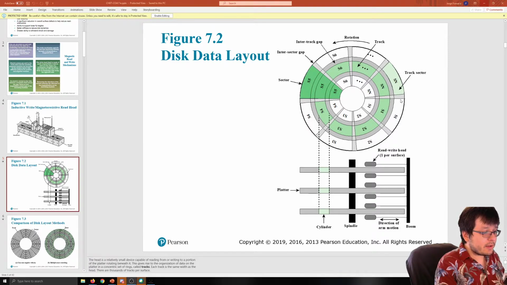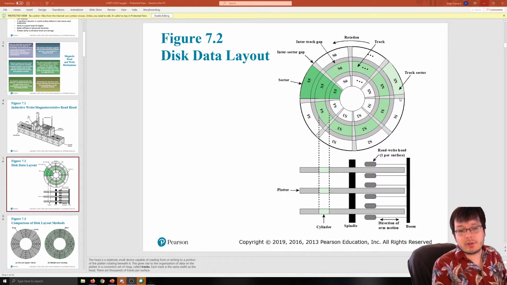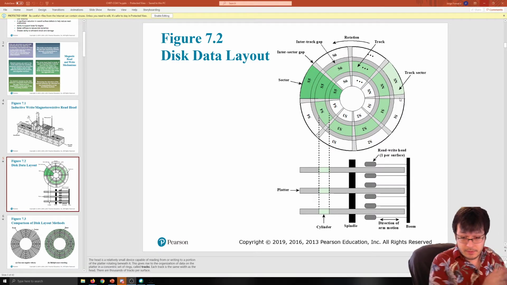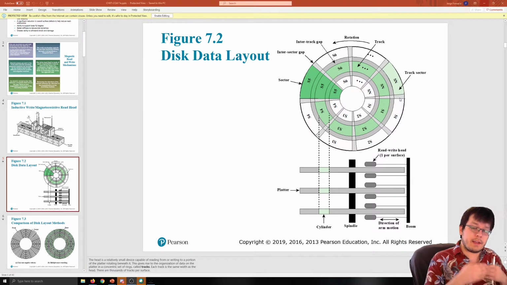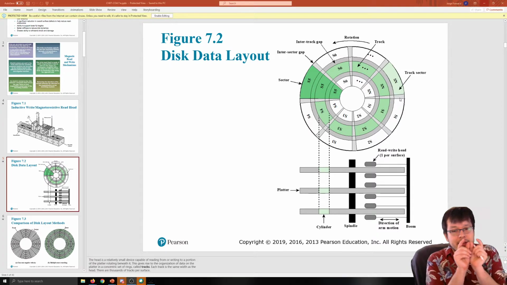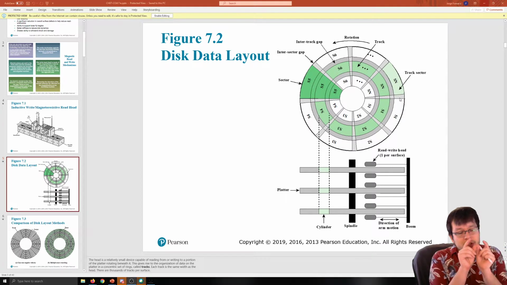The gray material is non-magnetized material, and that's sort of a buffer to separate them. Not a buffer in the computer science term of buffers in memory, but in the sense that it's just an empty space between different tracks. And that's done because if we have two things together that are supposed to be magnetized differently, they're going to start messing with each other, and that's going to cause problems. So we need to separate them, right?